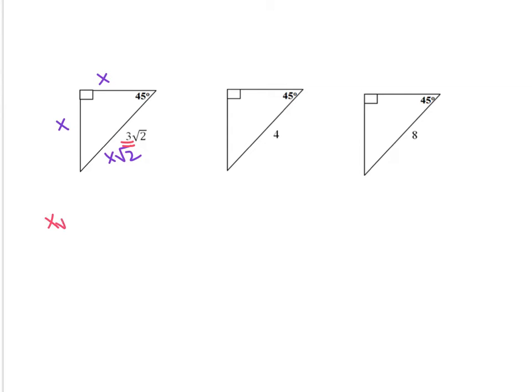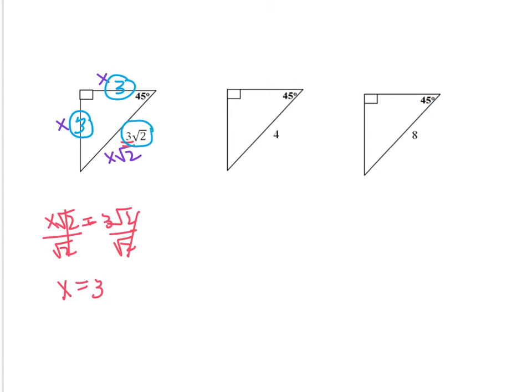So we have x square root of 2 is equal to 3 square root of 2. Solve for x by dividing by the square root of 2. Cancels on both sides, so x equals 3. Then go back to your triangle and plug in a 3. So we know this side length is 3 and this side length is 3. And then there's our hypotenuse. All right.